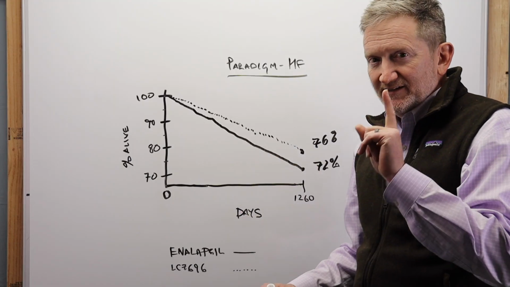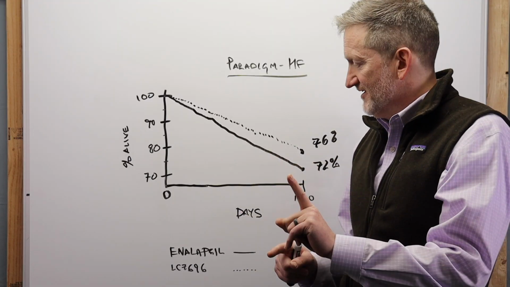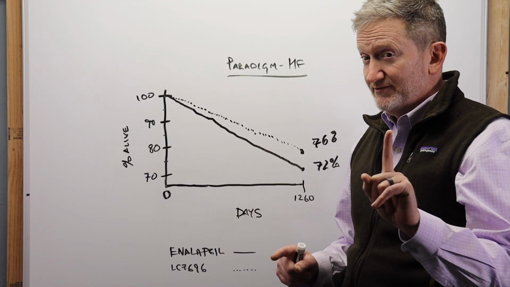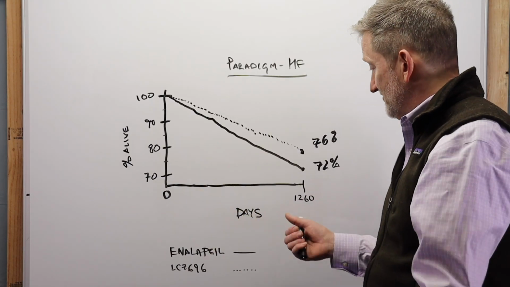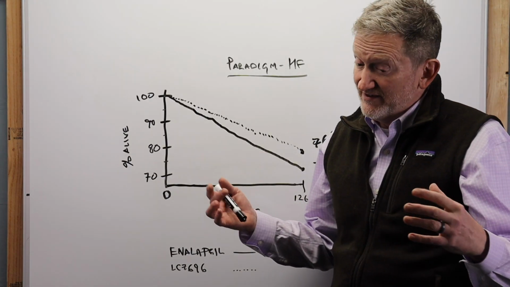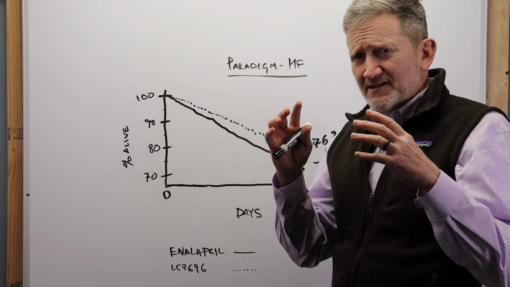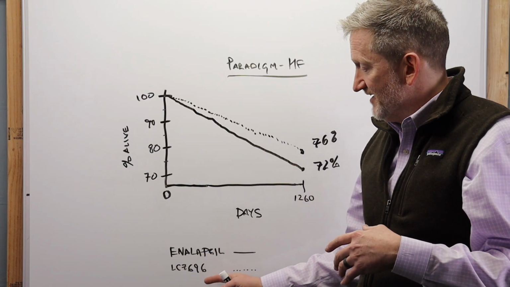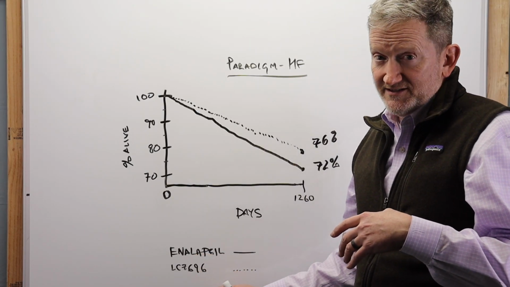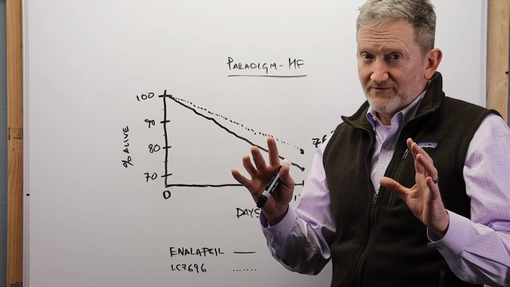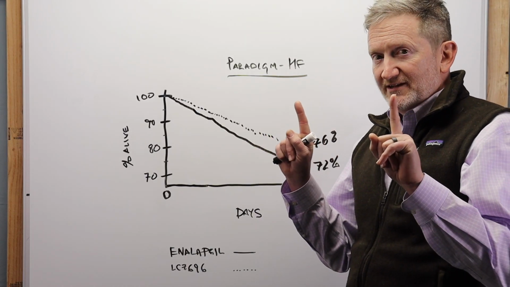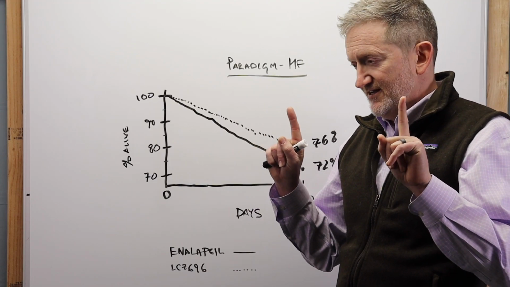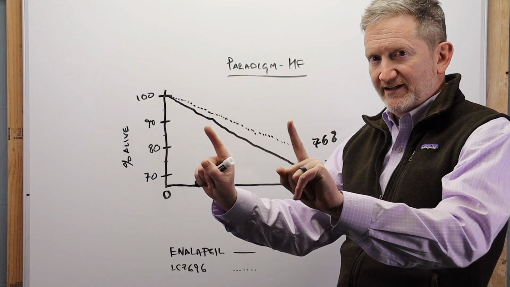And the power is this. Let me explain. Let's follow one person. In one universe, this patient takes enalapril every day for 1,260 days or as long as they live. The same patient, also in a parallel universe, gets to take LCZ 696. And watch what we can do. We start following this one patient living in two parallel universes as they travel through their days.